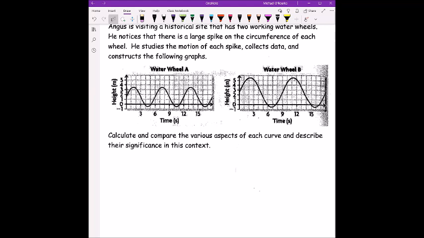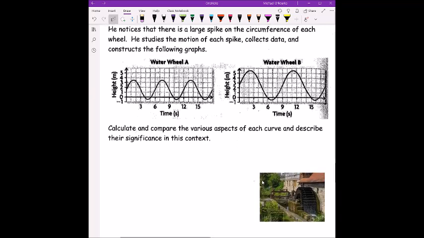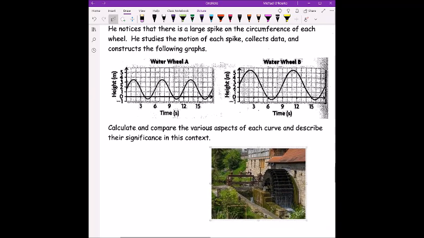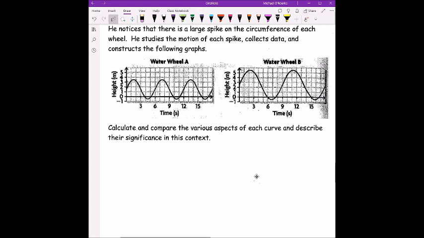There we go, so there's an example. The water would be coming this way, and it would push the wheel around. So that's what a water wheel is.